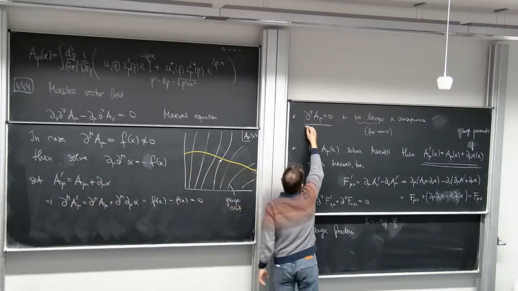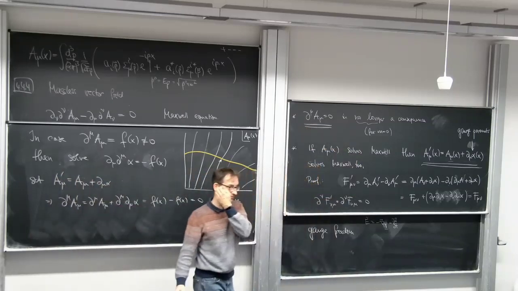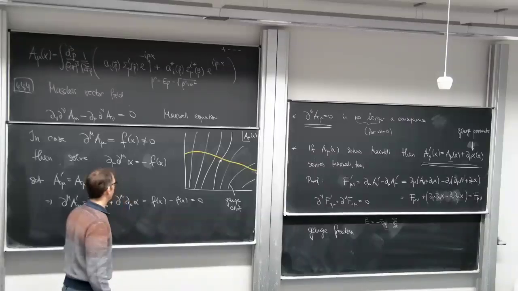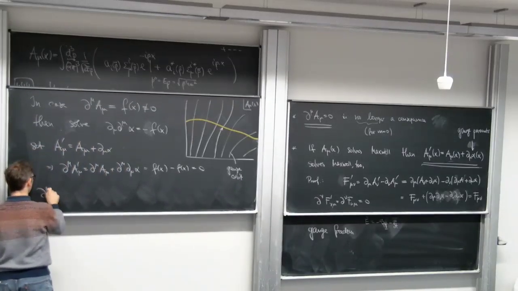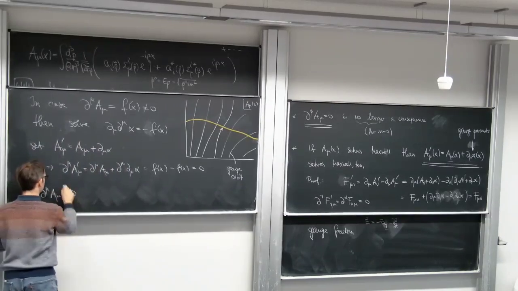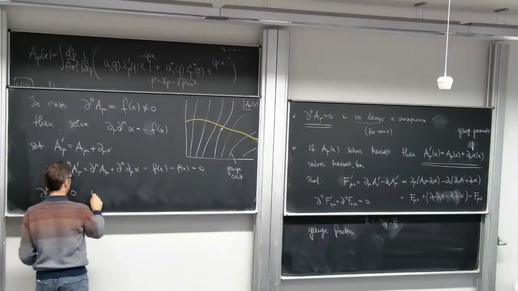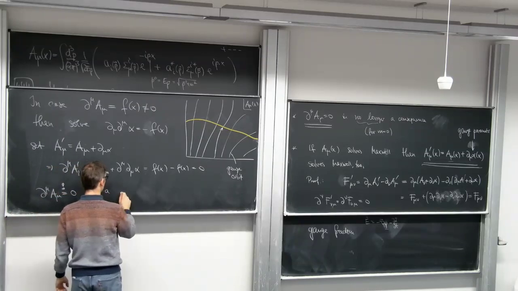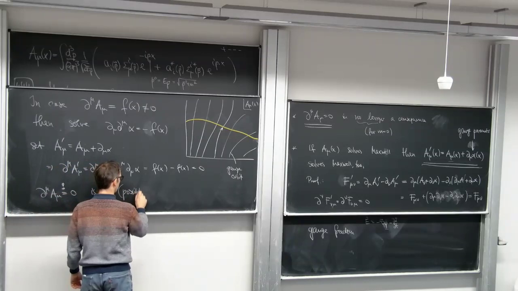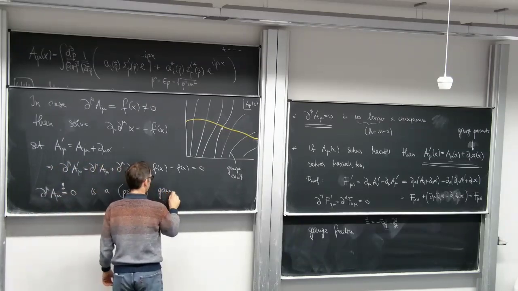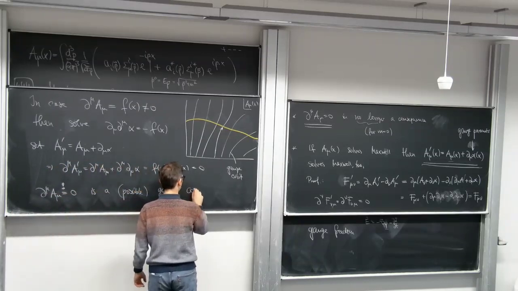So this is no longer a consequence, but it's a choice that we can make. And then we call d mu A mu equals 0 a possible gauge condition.